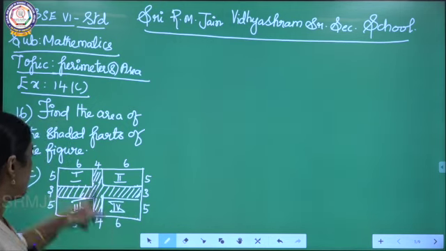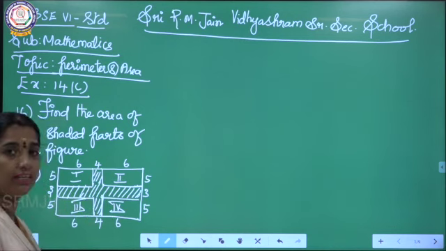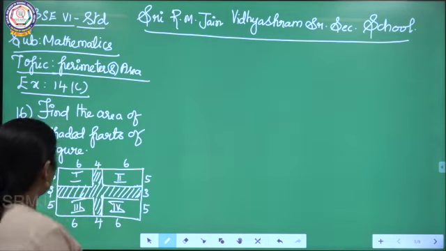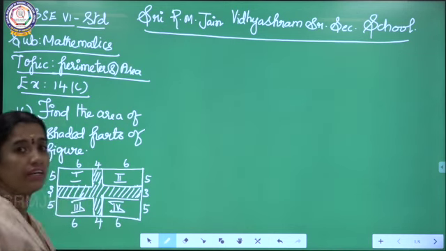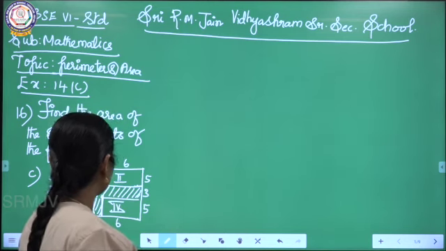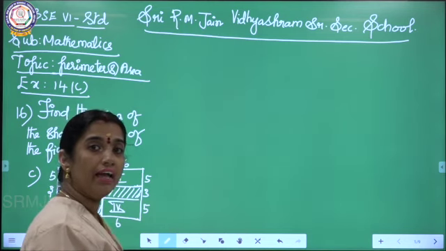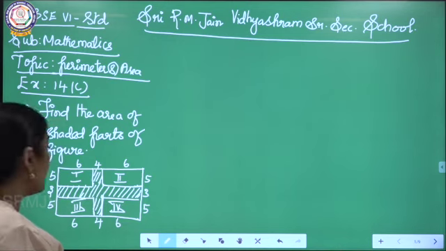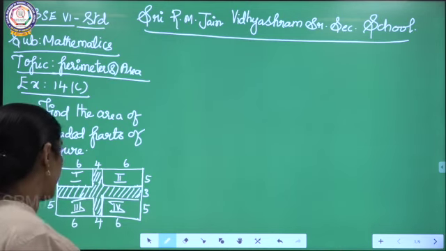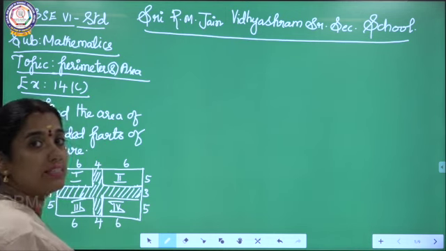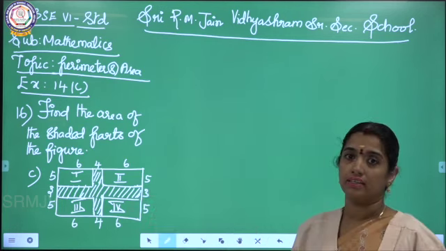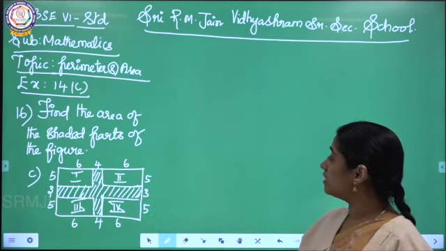So, listen, area of outer rectangle minus, see this, I am going to calculate the area for the first figure, the second figure, the third figure and the fourth figure. I am going to find out the area and then subtract. If I subtract like this, I can get the area of the shaded part. Can you clear this, children?